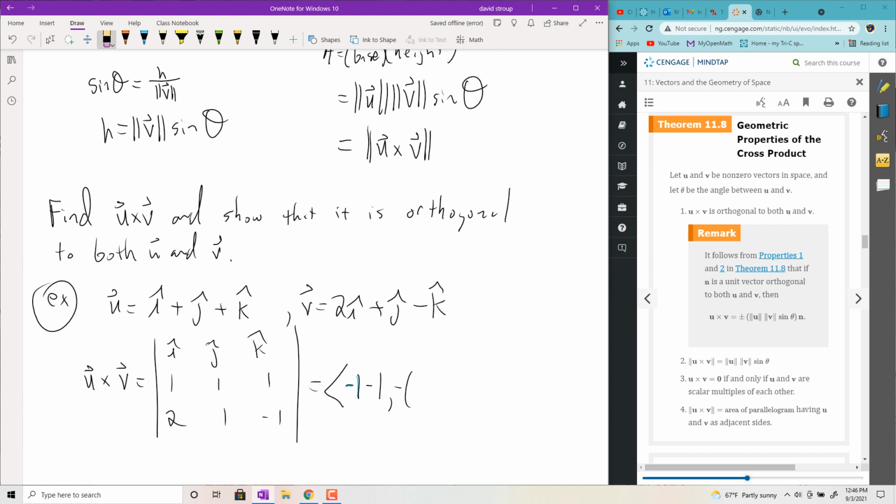So now looking at that portion, 1 times negative 1 is negative 1, minus 2 times 1 is 2. And then the third component, we have 1 times 1, which is 1, minus 2 times 1, which is minus 2. So we're getting negative 2, 3, and then negative 1 as our cross product.